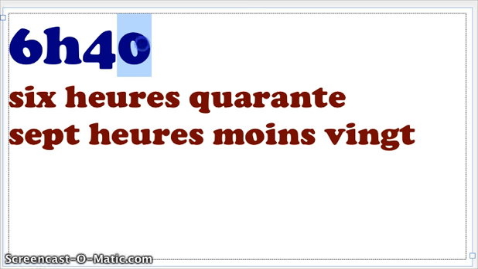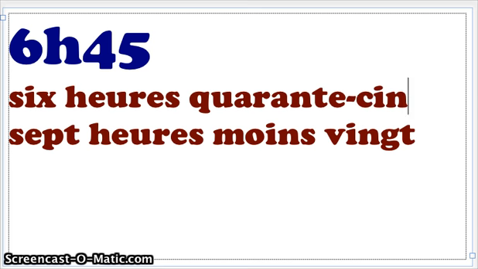Well, let's say now that 5 minutes has passed. It's 6:45. How would we say this? Well, we could simply say 6h and then our word for 45, 45. 6h45. We could say it is 7 heures moins, how many minutes? Well, it's less 15 minutes, so we'd use our word for 15. 7 heures moins 15, 15 till 7.